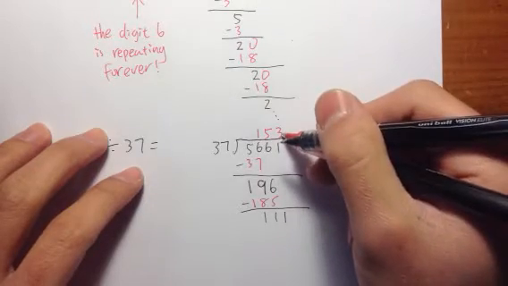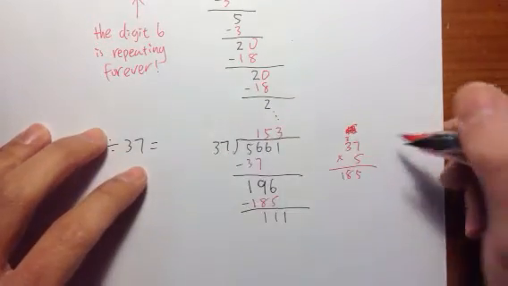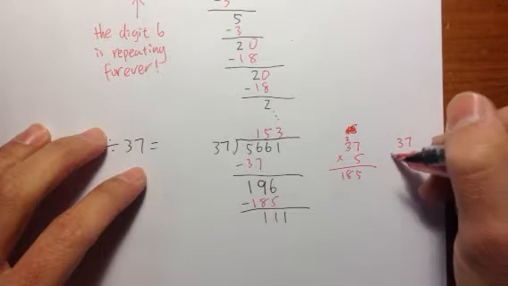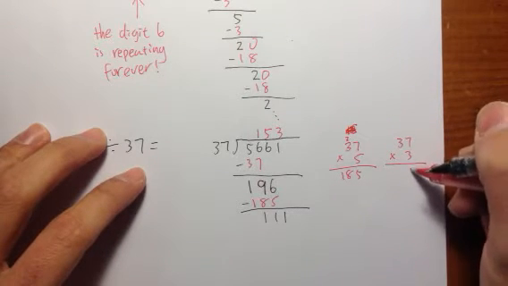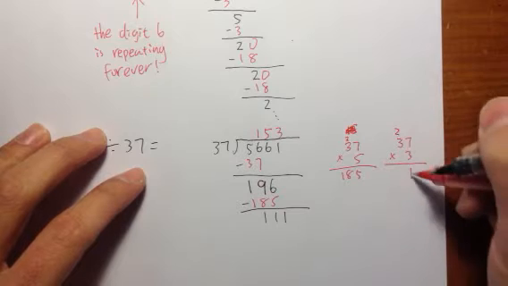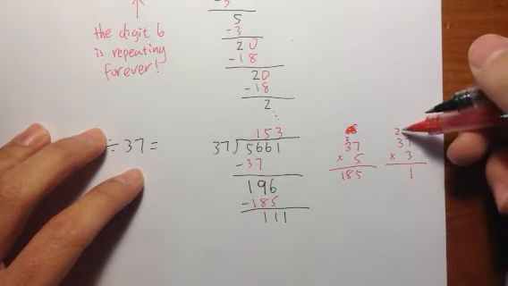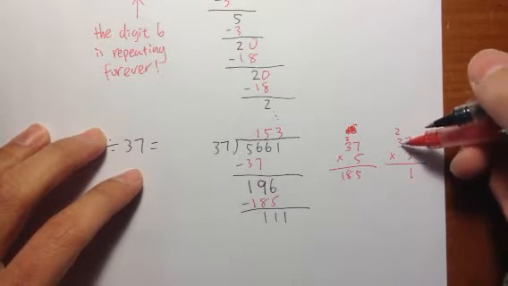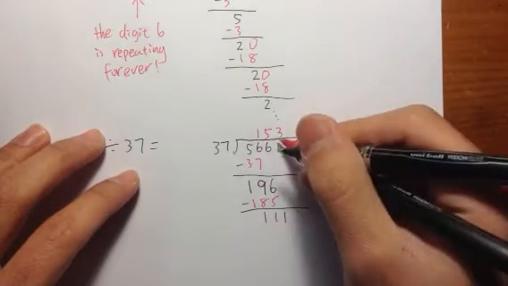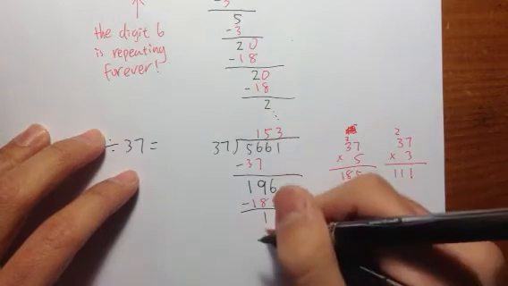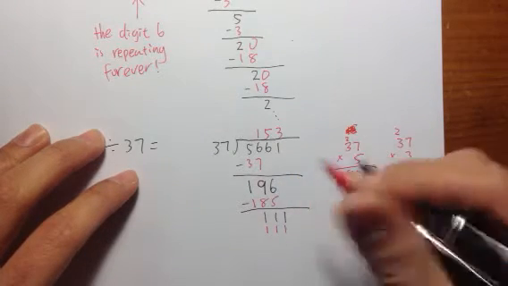I need to do 3 times 37. 37 times 3. 3 times 7 is 21. 21. And have the 2 carry over. And then 3 times 3 is 9. 9 plus 2 is 11. So 3 times 37, we get exactly 111.